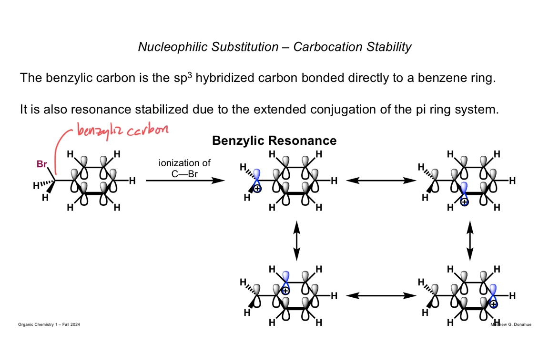If we show that bromine ionizing, now there's a lot more resonance forms because that can be delocalized into the ring a couple different ways.